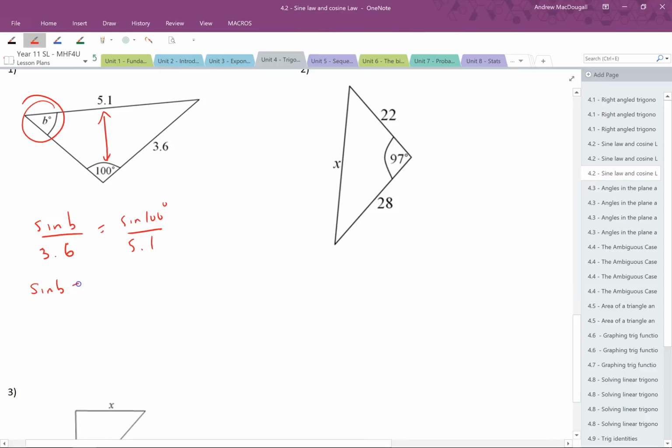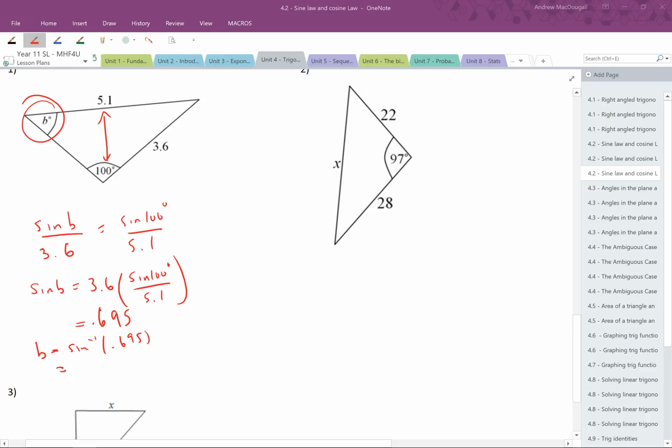Sine of B is 3.6 times sine of 100 over 5.1, which, let me put that into my calculator, is 0.695 if you go to 3 sig figs, and B is the inverse sine of 0.695.